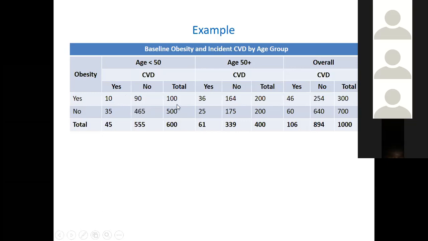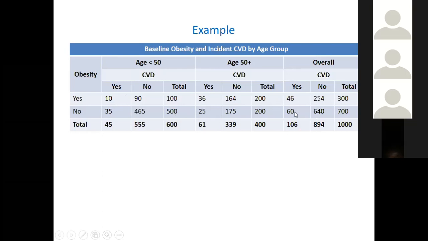So we have, out of the 300 total that are obese, 100 are less than 50, 200 are 50 and more. Out of the 700 that are not obese, 500 are less than 50 and 200 are 50 and above.